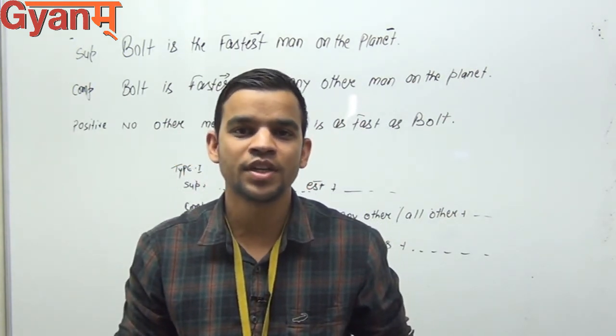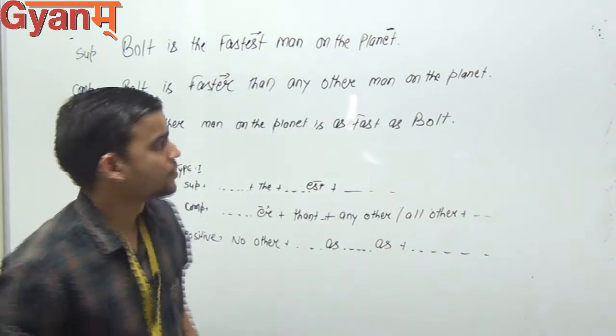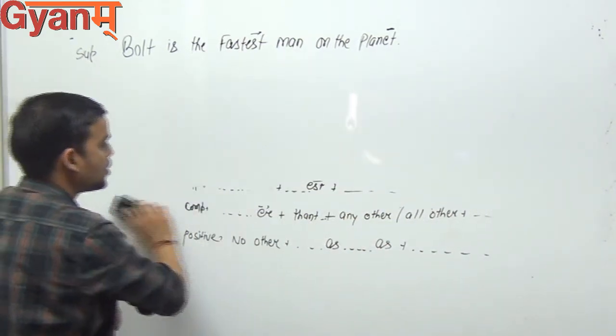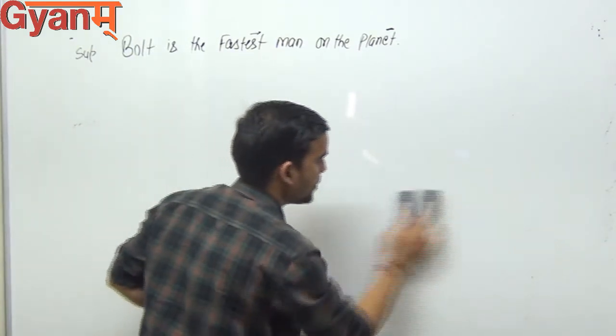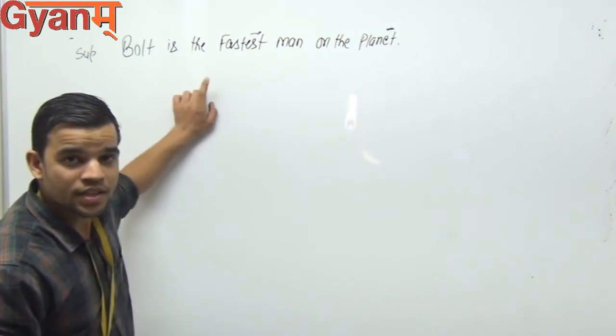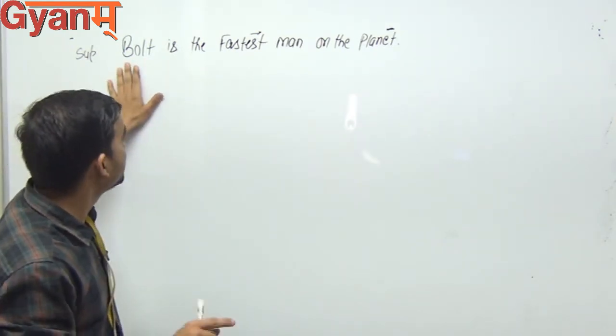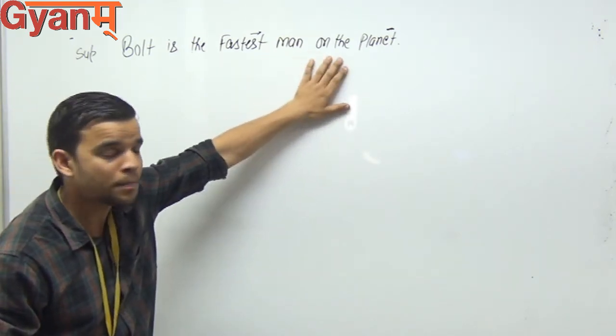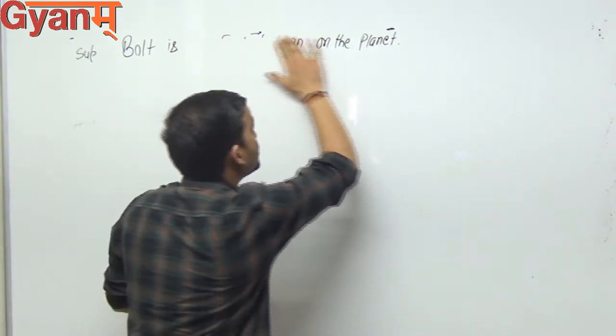Let us move on to type 2. There is not much difference in type 2. In fact, we'll start with the same sentence. The sentence earlier was Bolt is the fastest man on the planet. Now we'll do a short thing.